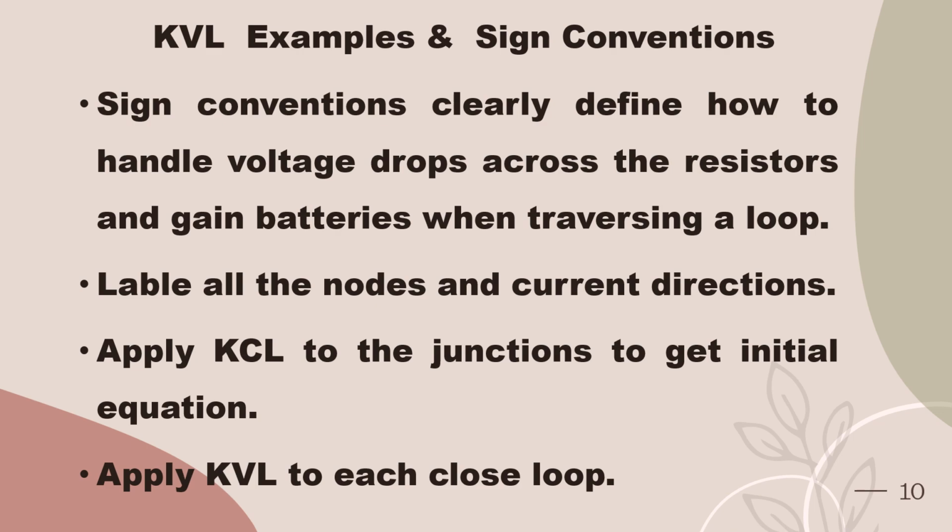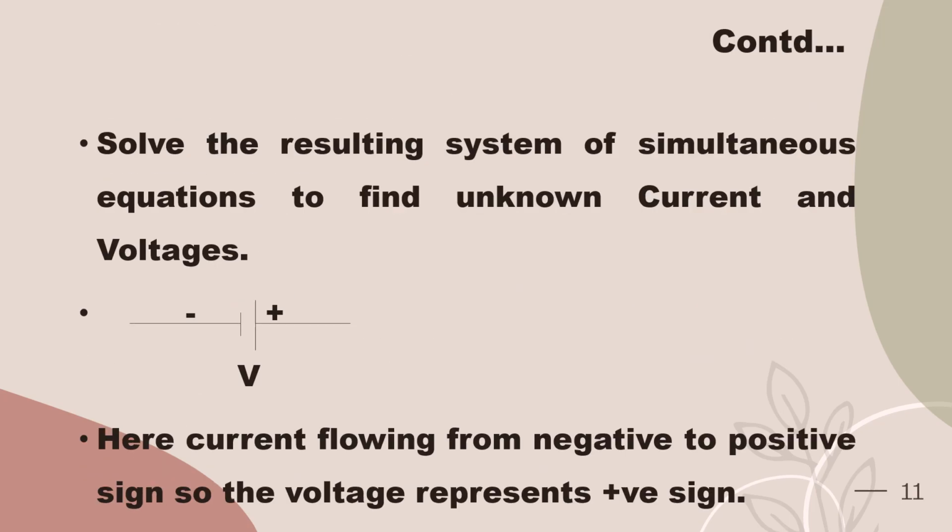Apply Kirchhoff's current law to the junctions to get initial equations. Apply Kirchhoff's voltage law to each loop. Solve the resulting system of simultaneous equations to find unknown currents and voltages, where current flowing from negative to positive gives a positive sign, so the voltage represents a positive sign.